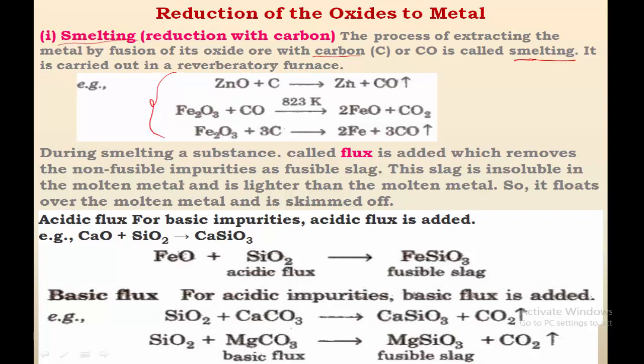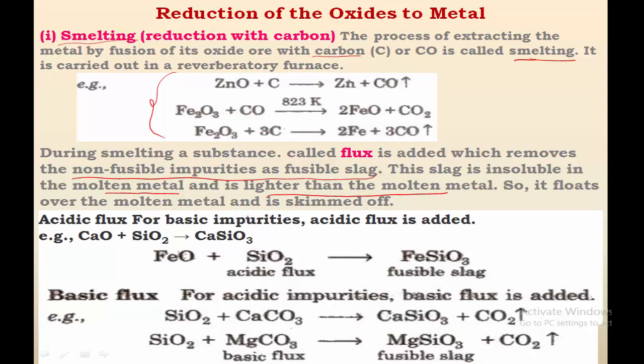And during this smelting, certain substances called flux are added, which help to remove non-fusible impurities as slag. This slag is insoluble in molten metal and is lighter than molten metal. So it floats over the molten metal and is skimmed off.